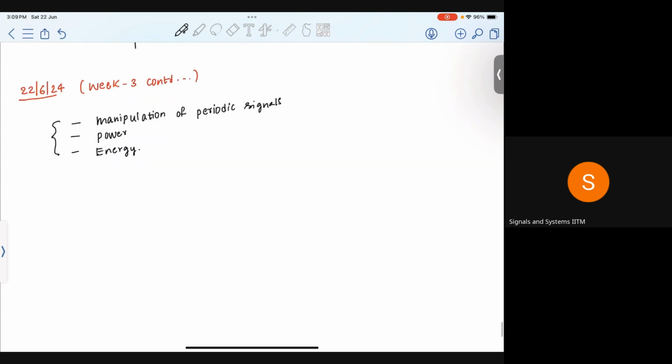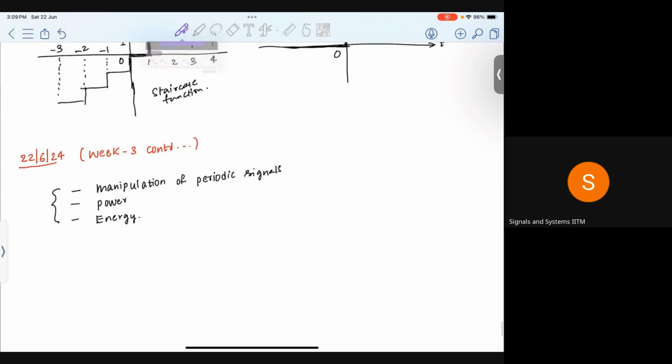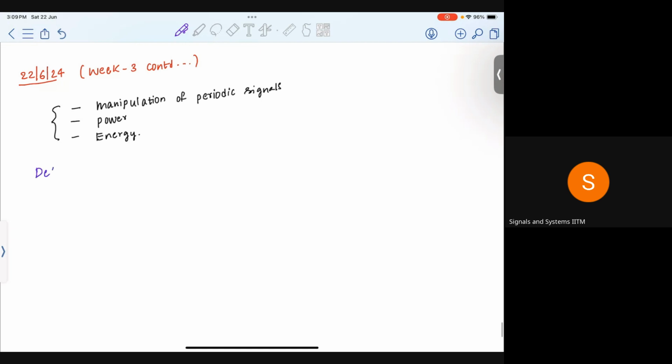So remember periodic signals. So when do we call a signal periodic? Just a recap of the definition.